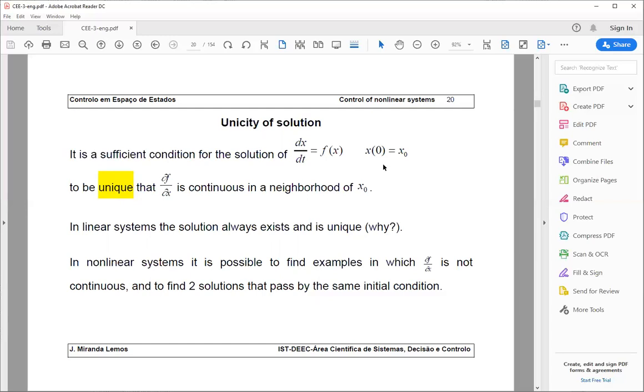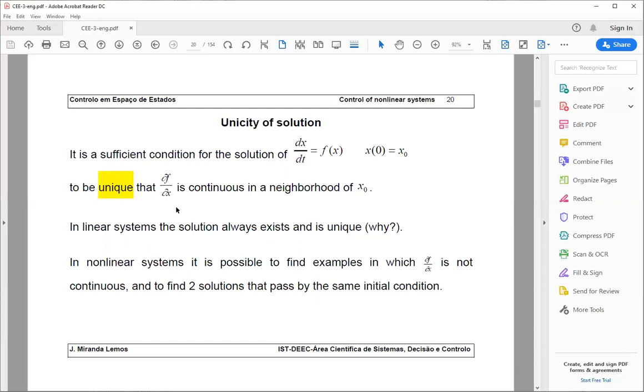Actually, this is not always so. I'm going to show you one example that contradicts this intuition. But you can impose conditions on the vector field function f to force that the solution, once the initial condition is provided, is unique.